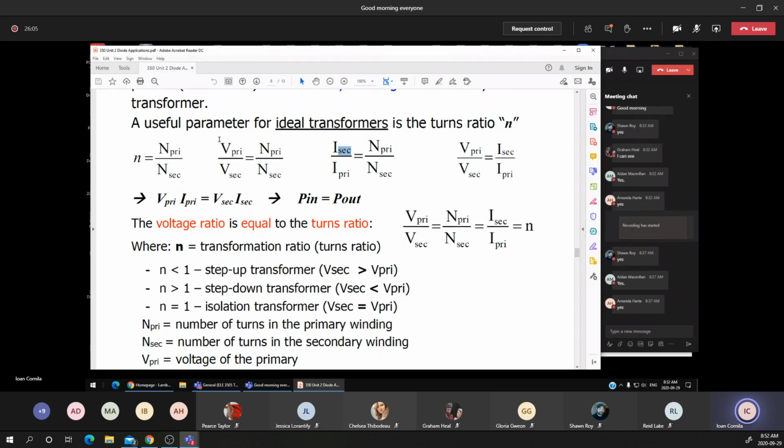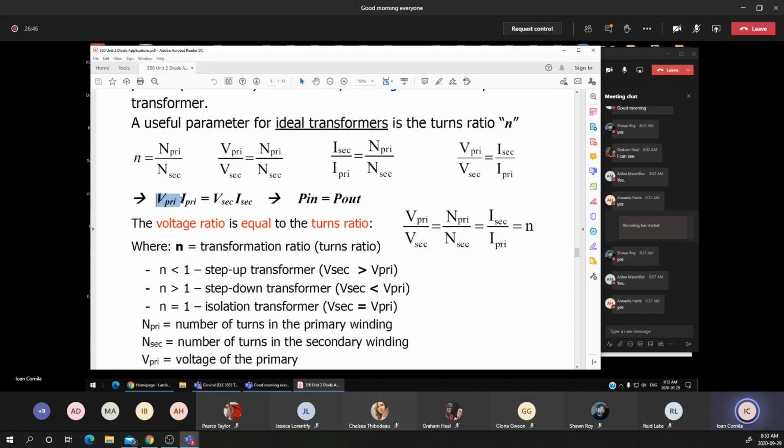Now, having the last two equations, the voltage in the primary winding over the voltage in the secondary winding equals the number of turns in the primary over the number of turns in the secondary. Combining the last two equations, I can simplify: I'm multiplying the voltage in the primary winding with the current in the primary winding, and on the secondary side, I have the voltage in the secondary winding multiplied by the current in the secondary winding.